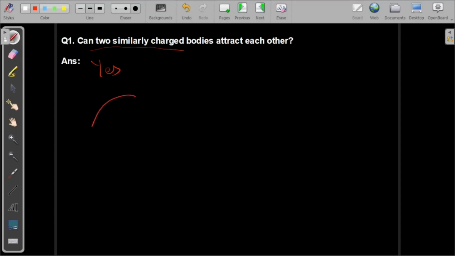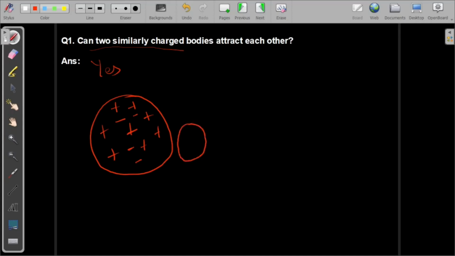That special case is that one body should be very big. Suppose both are positively charged. Positively charged means the body has negative charge also, but the amount of negative charge is less than the amount of positive charge. One body should be very big, and the other body should be very small in comparison to the first one.